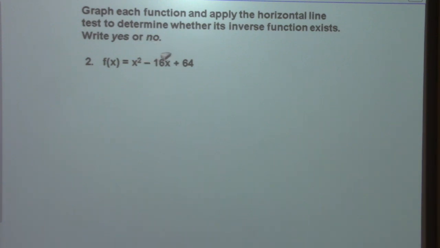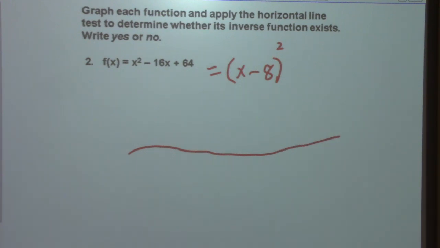Yeah, so this is going to be the same sort of thing, but you're right. It's x minus 8 squared. So it's going to be very similar to problem 1, right? Same thing.